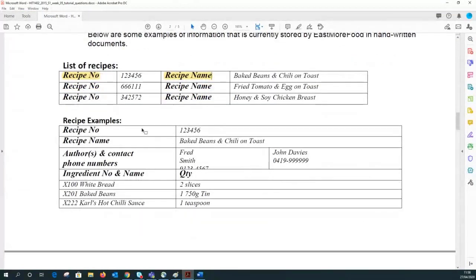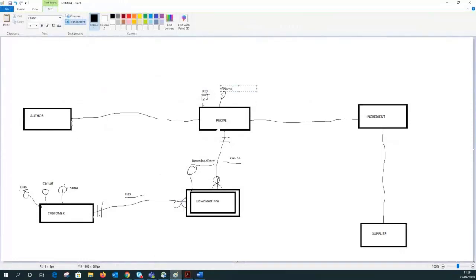Now let's go to the recipe example. So one recipe has the recipe number and recipe name. Now you can see this recipe is written by two authors, Fred Smith and John Davies, and each has a mobile phone number. So there is a connection between authors and recipes here.